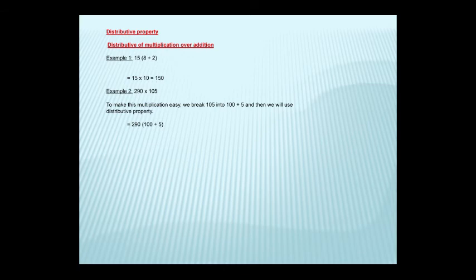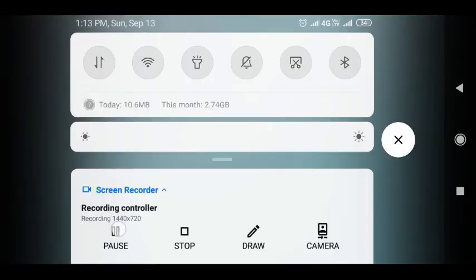So 290 into 100 plus 5: inside the bracket, you have to multiply that number 290 into 100, plus symbol in the middle, then again 290 into 5. So that is 29,000 plus 1,450, which is 30,450. Let us see one activity.